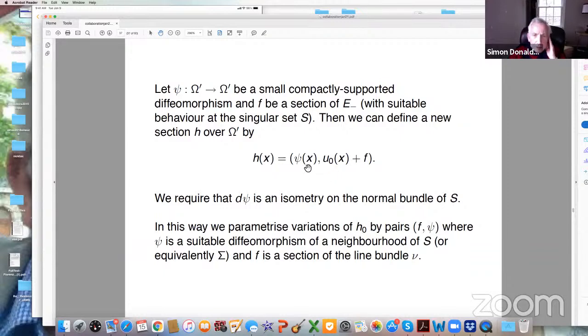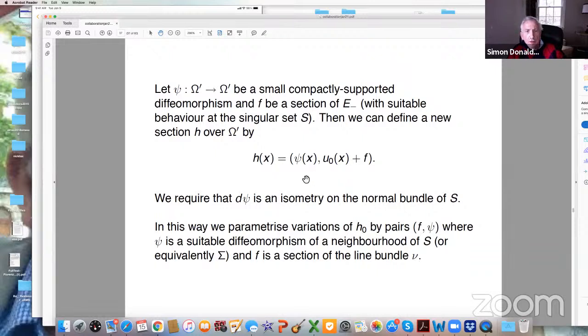We also want to make some more technical assumption on the derivative of psi in the normal direction on S. We want the derivative of psi to be an isometry acting on the normal bundle of S. So what this means is that we parameterize variations of our section by pairs of f and psi, where psi is a diffeomorphism of a neighborhood of S in omega prime, but we could equally, under identifications, think of that as a diffeomorphism of a neighborhood of sigma, if we wanted, and f is a section of the line bundle nu.